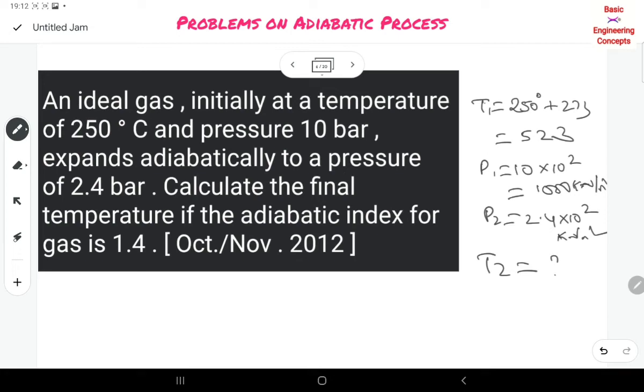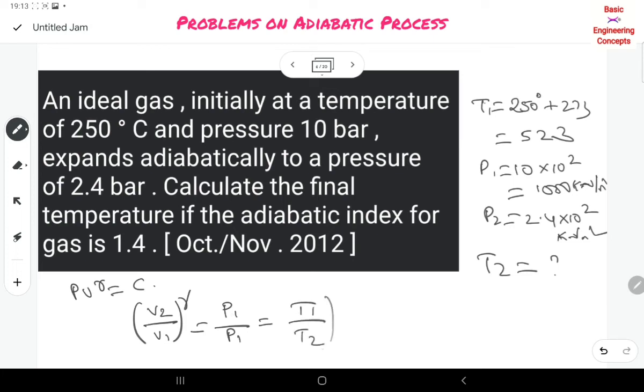This is a very simple problem. We can solve it by using the relations between pressure and temperature in an adiabatic process, that is PV to the power of gamma is equal to constant. Everyone should try to remember this equation in this form: P1 by P2 is equal to (V2 by V1) to the power of gamma, which is equal to (T1 by T2) to the power of gamma by gamma minus 1.